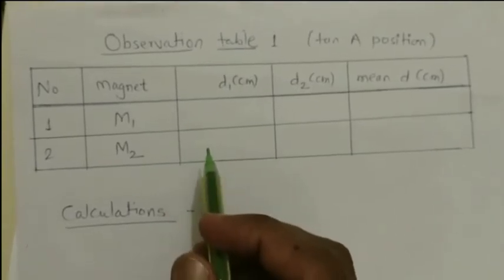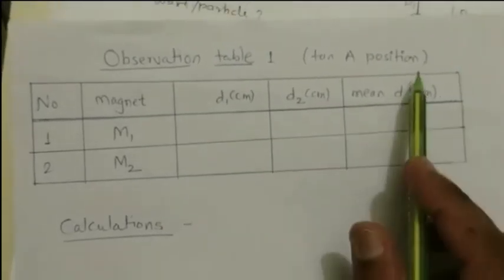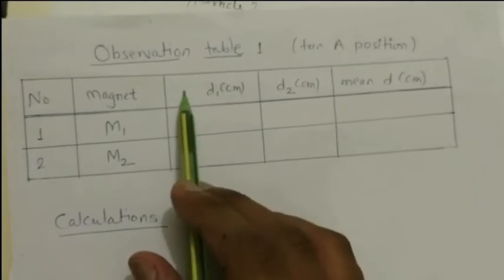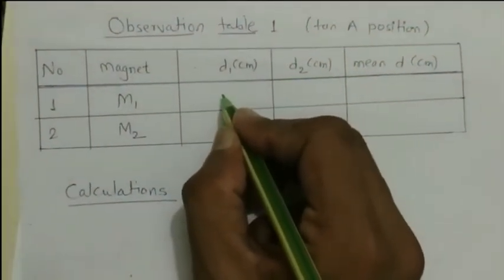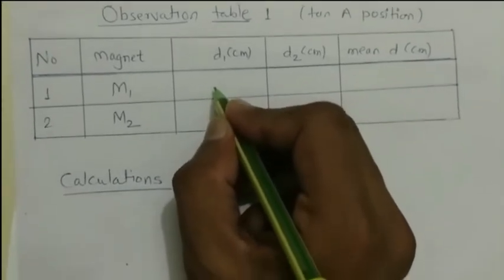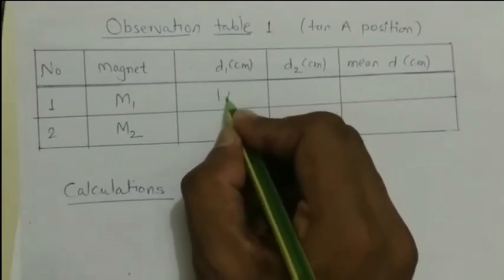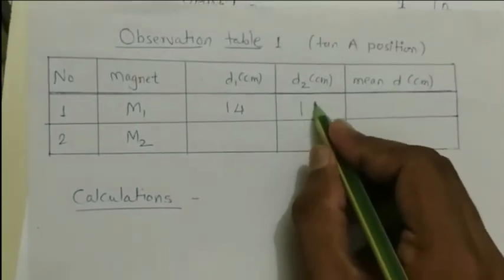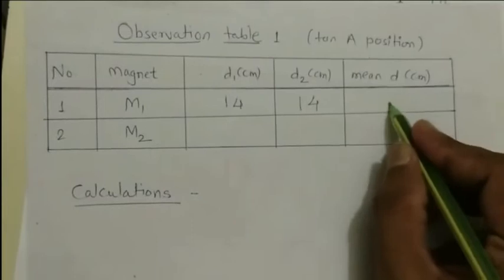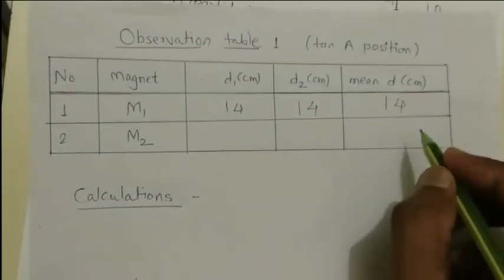Now, we can write the observation table for tan A position. d1, that is the experimentally measured distance at theta equal to 45 degrees, was 14 centimeter, and d2 was also 14 centimeter. So, the mean is 14 centimeter.